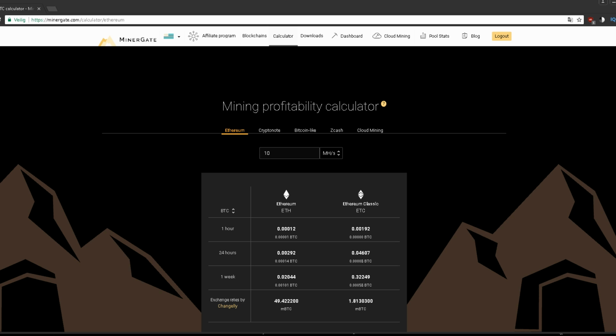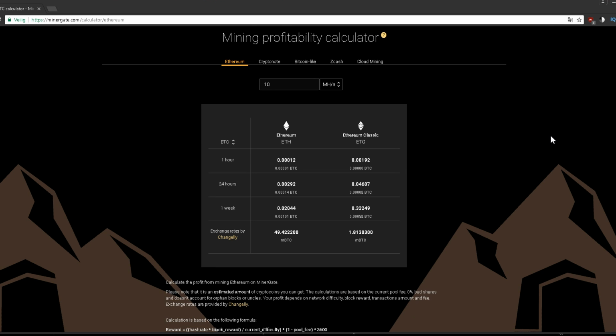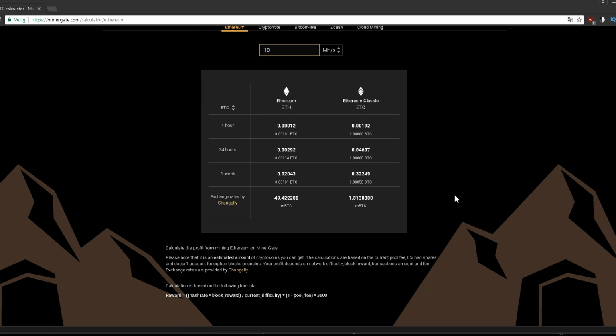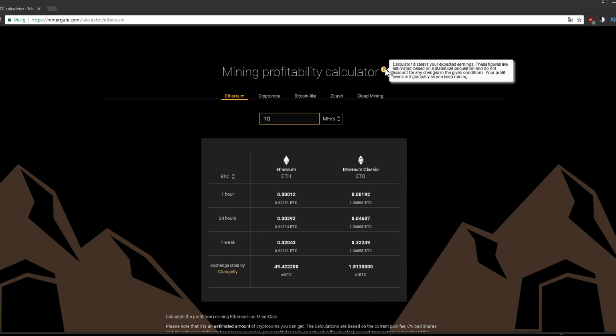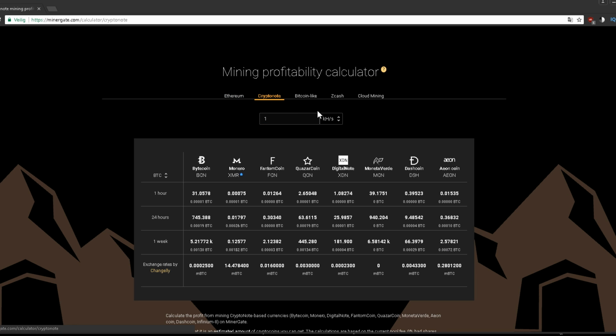The calculator here is where you can calculate your profitability for different coins. This is expected earnings. They give you a general overview on how much you can earn. It is always subject to change, so don't take this exactly as it is.